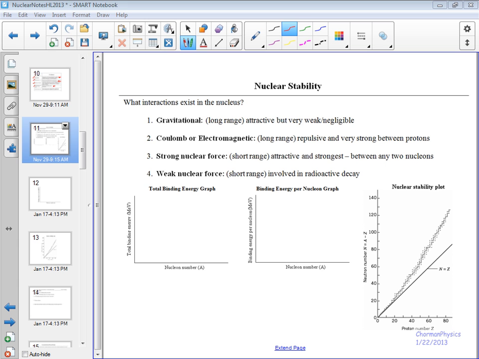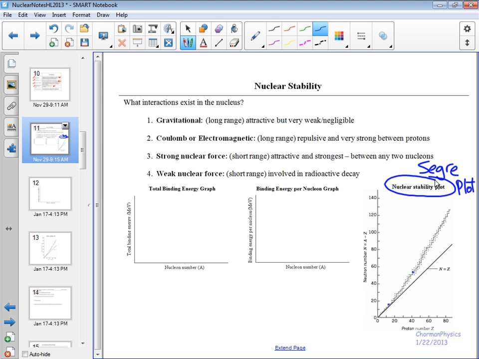So neutrons play a big role in keeping nuclei stable. We have a graph right here, this nuclear stability plot. It's what's called a Segrè plot, and I don't know if I'm saying that last name right. What we see here, all these little dots, are all the different known isotopes.